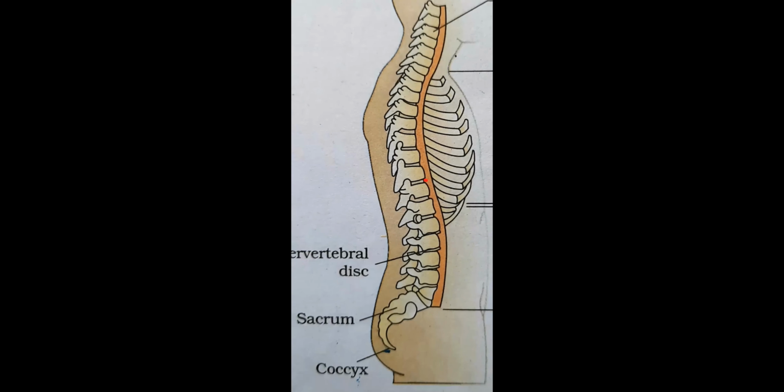See, here it will be. ये जो मैंने रेड कलर का लेबलिंग किया है, उसमें क्या होगा वहां पे? Between the centra, what should be present over there?